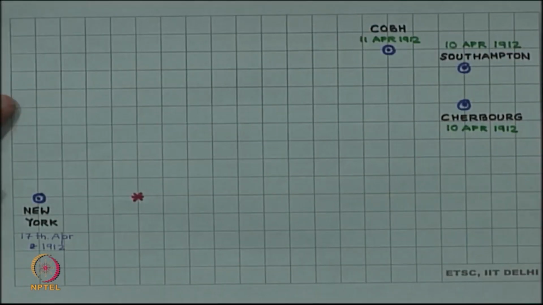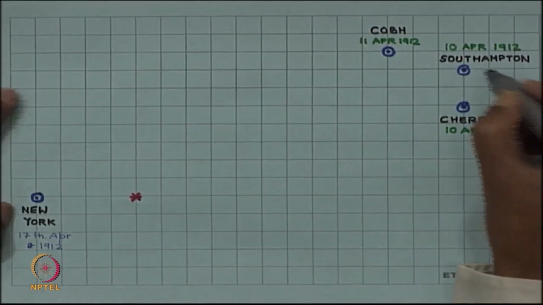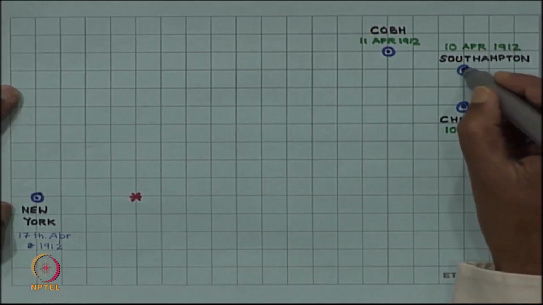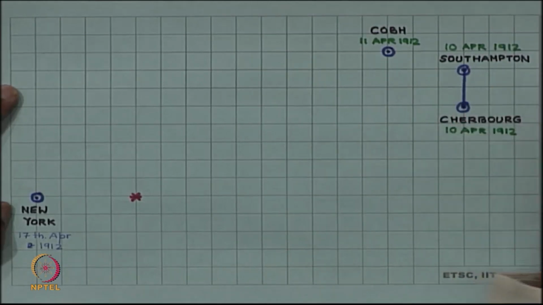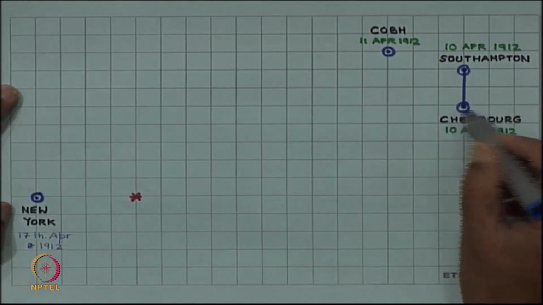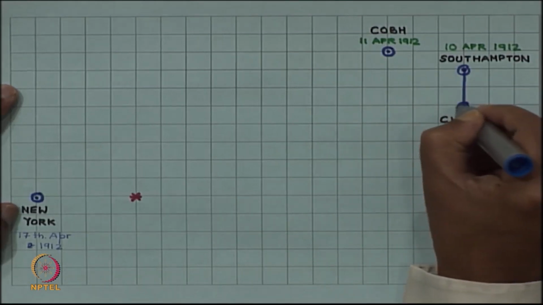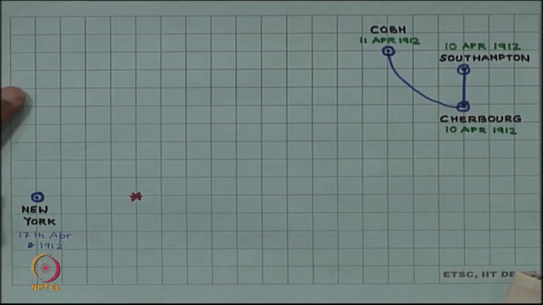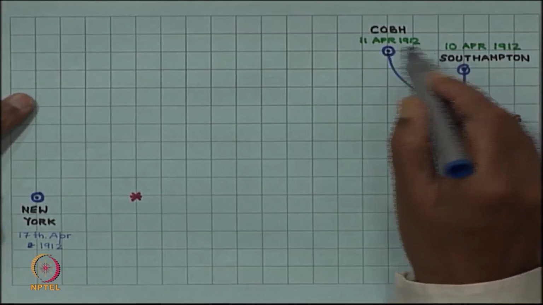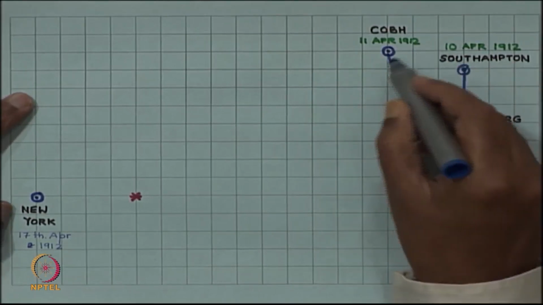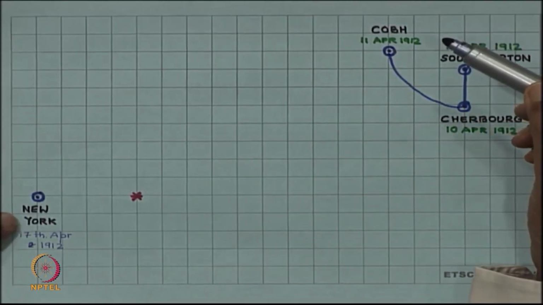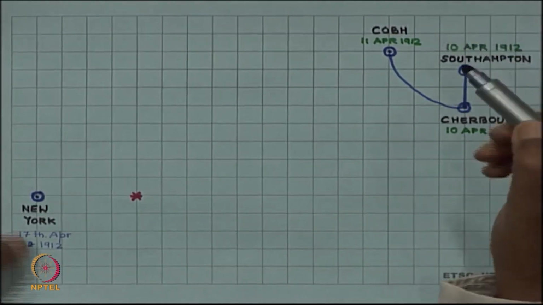But you know this story. It started its first journey on 10th April 1912 from Southampton port, and on the same day crossed the English Channel and reached Cherbourg. From there it went to Ireland, Cove, and on 18th April it started its long transatlantic journey to New York, and it was supposed to reach New York in a week's time, on 17th April.